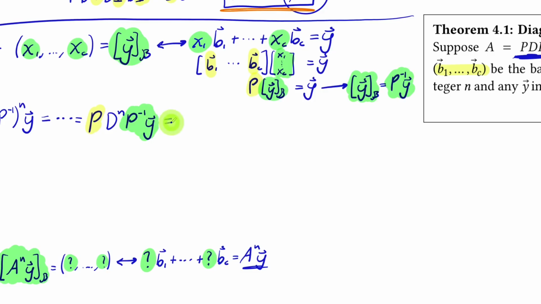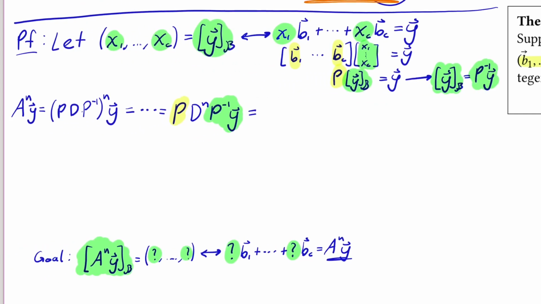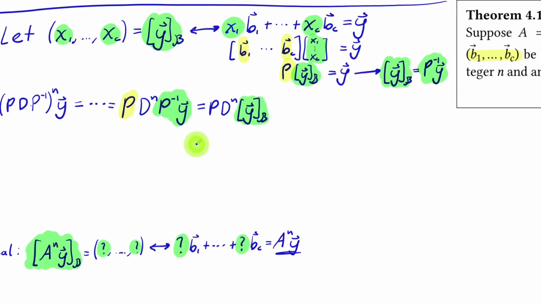So, in other words, this thing we're trying to find is P times D to the power n times the B coordinates of y, in other words, this x1 through xc vector here. That is going to make this a much easier way to write it out. Actually, let's just expand this whole thing.